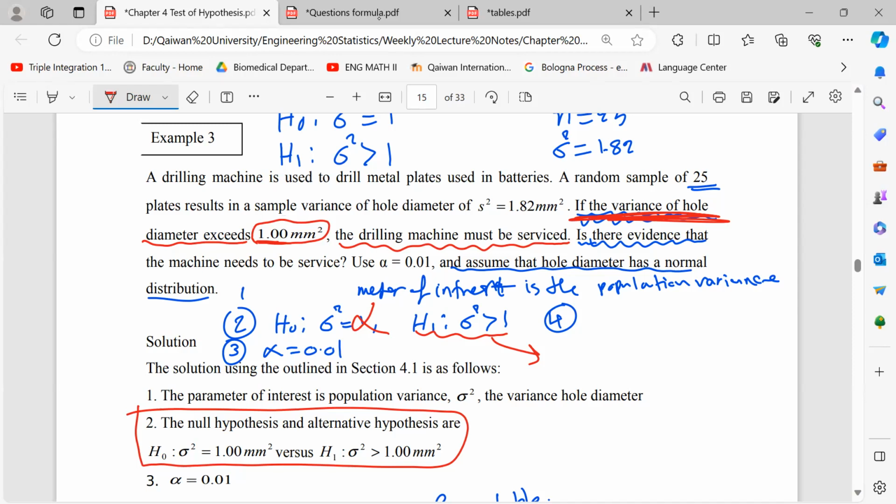Okay, but for H1 it could be greater, less, or not equal. We have these three cases for H1. But in this case, we say it must be greater because it exceeds.